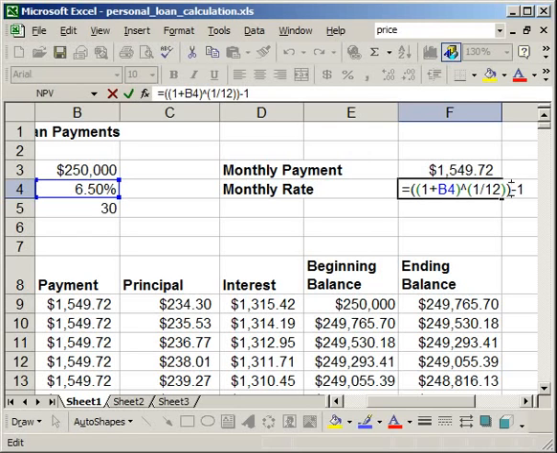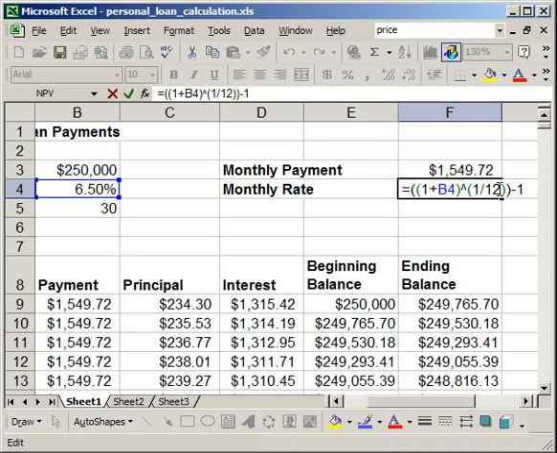So it's 1 plus the interest rate raised to the power of 1 divided by the factor, or the number of periods in 1 year, minus 1. A little bit confusing. Just note that here it's basically saying 1 plus 6.5%, and then caret, so raised to the power of 1 divided by 12 months, and then minus 1.